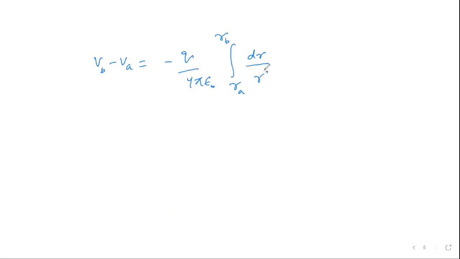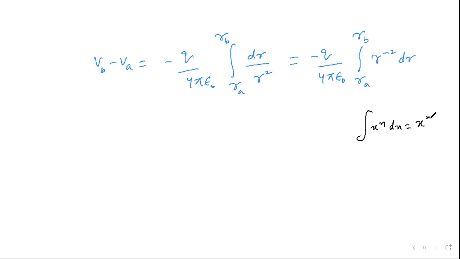Right? And I can write it this way: minus Q by 4 pi epsilon naught, integral RA to RB R raised to minus 2 dr. You know it is simple: integral x raised to power n dx is x raised to power n plus 1 by n plus 1. So I make use of this form.